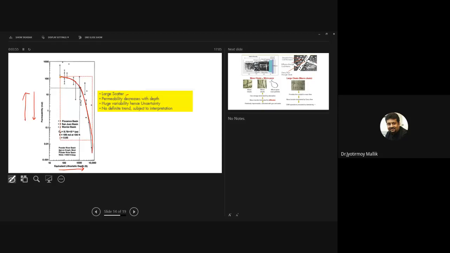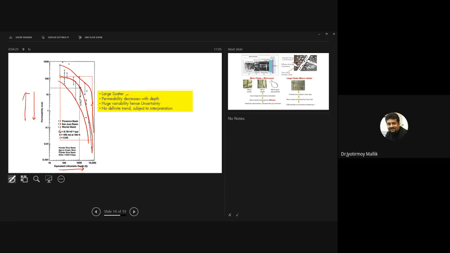Although there is a large scatter in the data. So it's not only depth which controls permeability, but depth is a major function that controls permeability. There is a huge variability and hence uncertainty. There is no definite trend as such, but this is also subject to interpretation. But one thing for sure, with depth, permeability decreases.